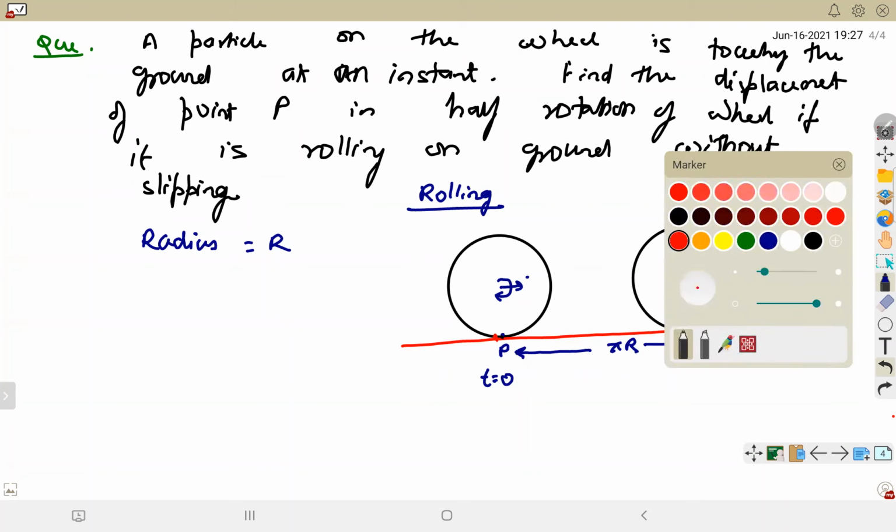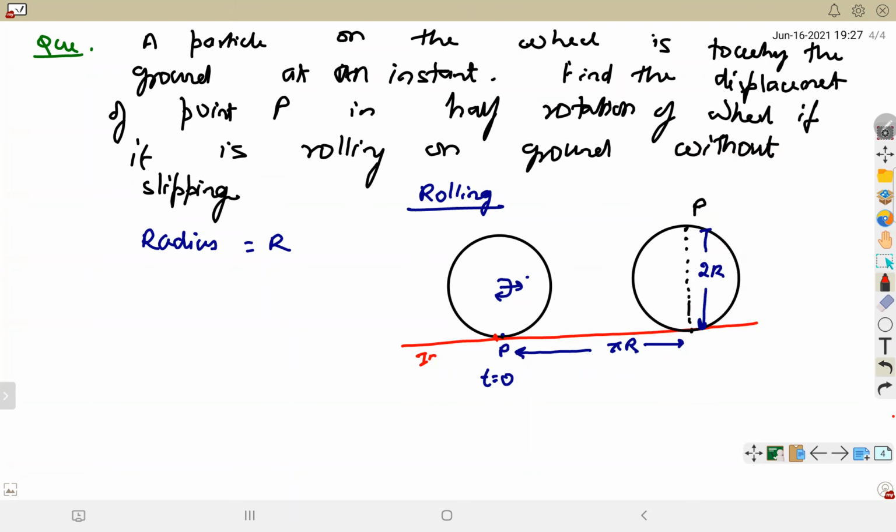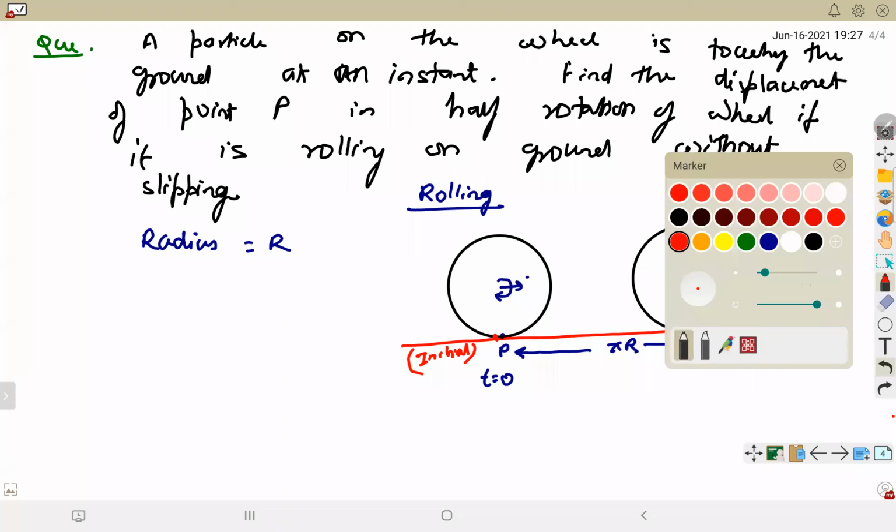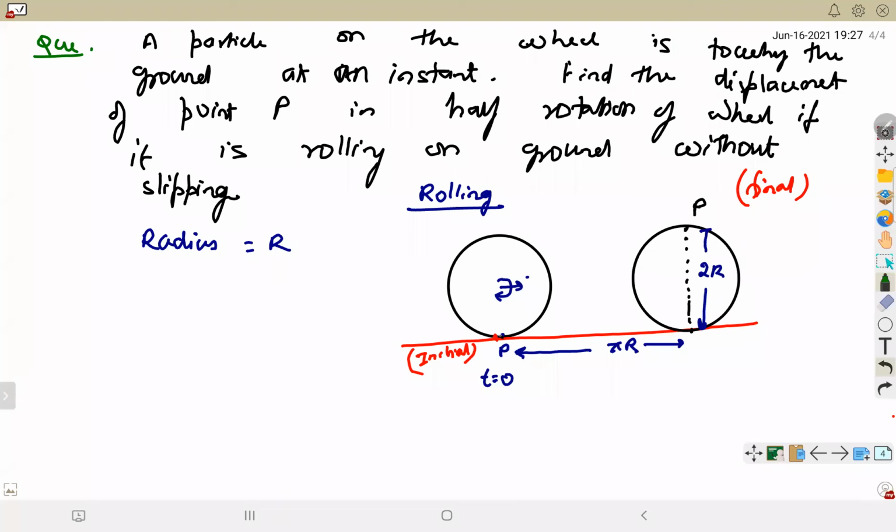Initially at t equal to 0, the point was just on the ground. Finally the point P has reached the diametrically opposite point, but it has also moved forward because of the motion of the wheel. So the line joining the initial position to the final position will be the displacement. If it were only rotating, it would be just 2r. But now it is rotation as well as forward motion.